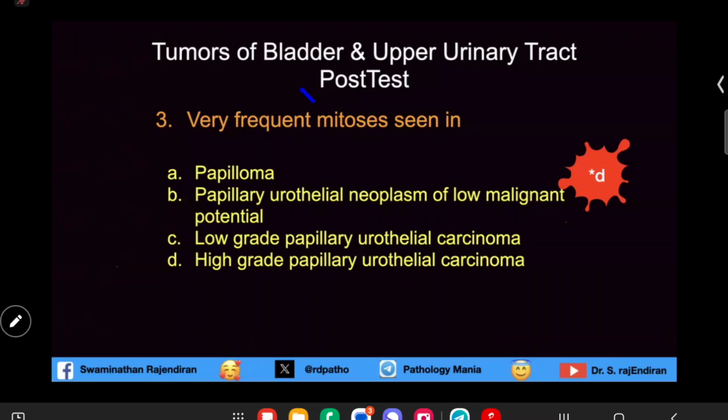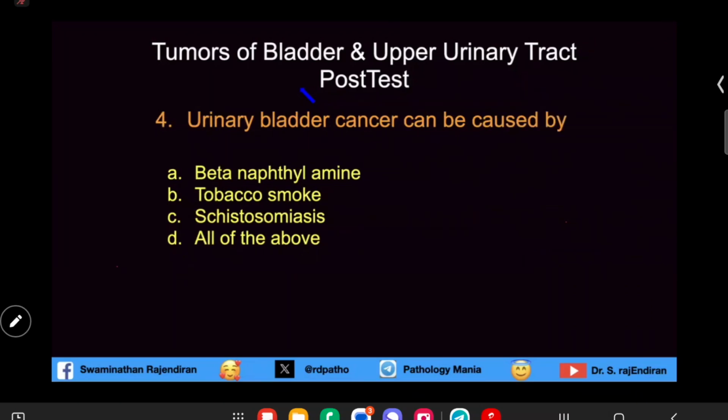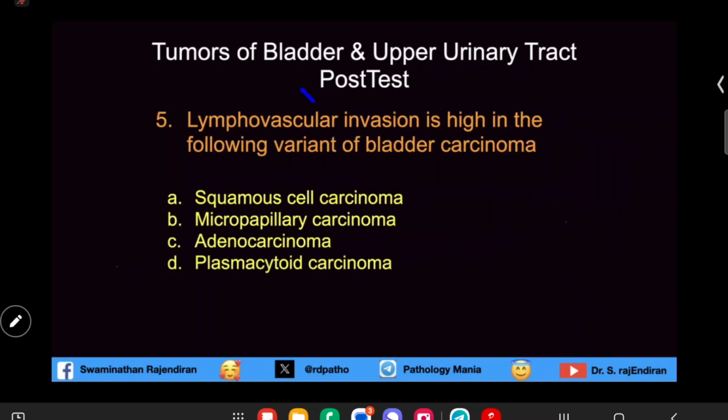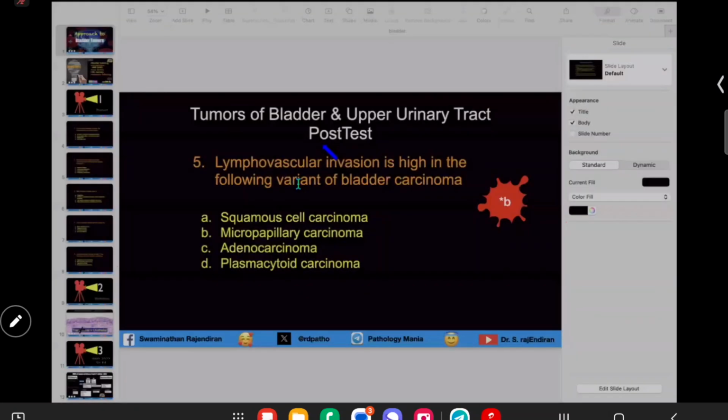This is a more theoretical question. Urinary bladder cancer can be caused by all of them, all of the above. In the last question, lymphovascular invasion is high in the following, I should not call it variant, in the following subtype of bladder cancer. And I will correct it just now, otherwise I will forget.